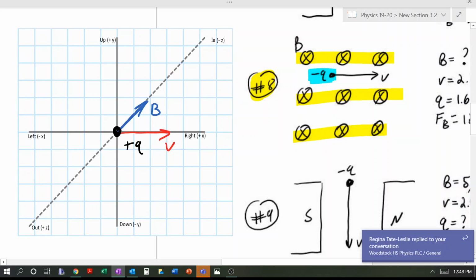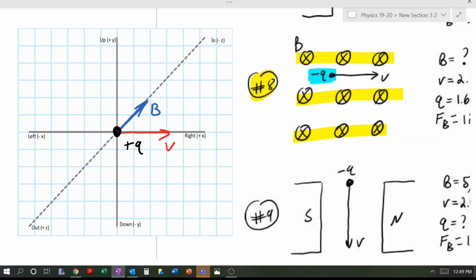Okay, so we see that B is on the Z-axis, and we can see that V is on the X-axis. So the force has to be on the Y-axis. It has to be up or down. The right-hand rule gives you that the force is up. But the charge is negative.